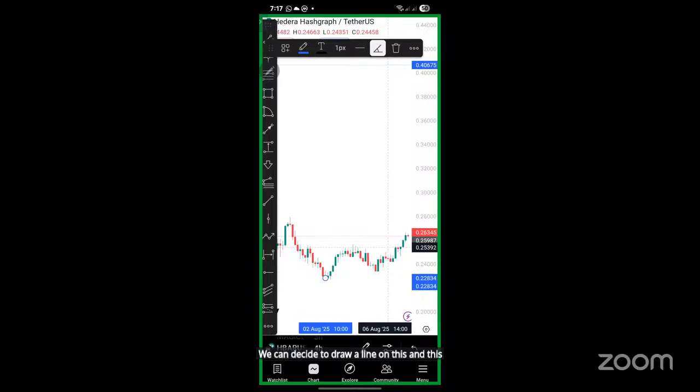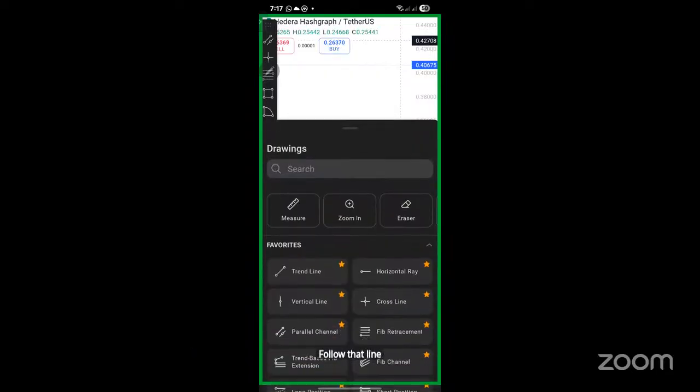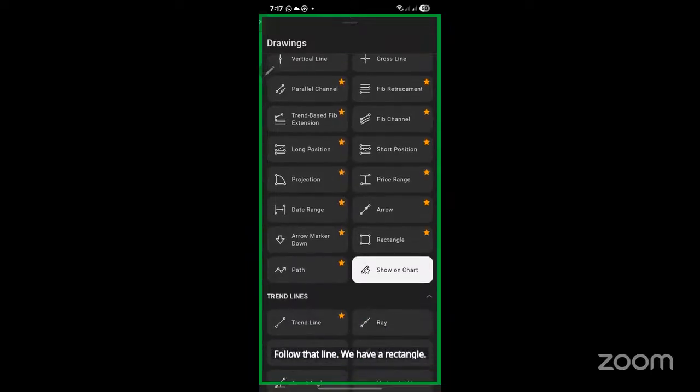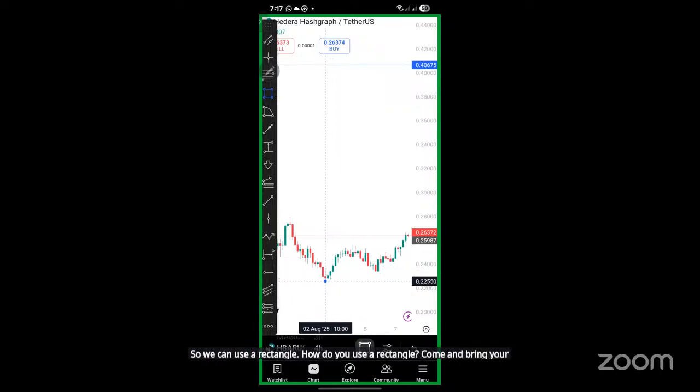But before we draw that line, we have a rectangle that can work as that double line. So we can use a rectangle. How do you use a rectangle? Bring your rectangle. Identify this last candle in the downward trend.